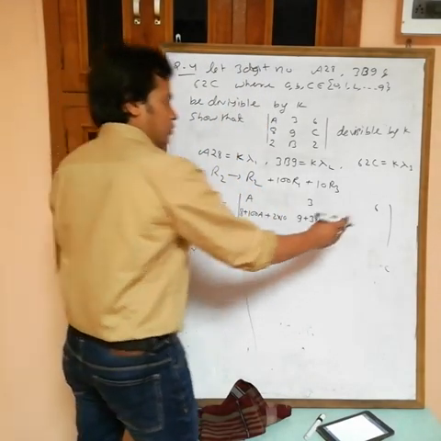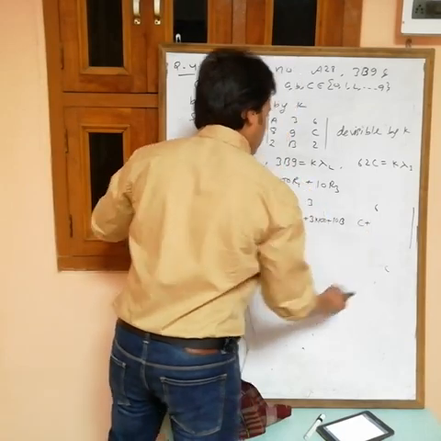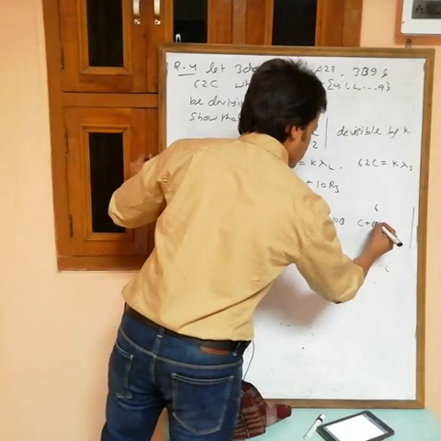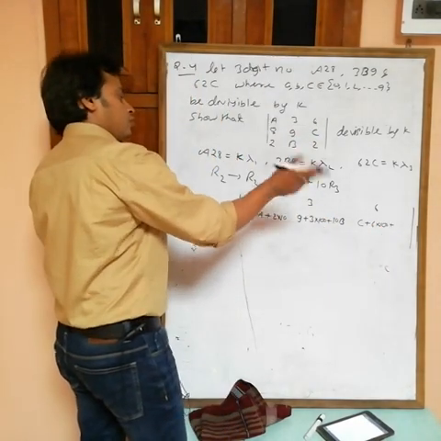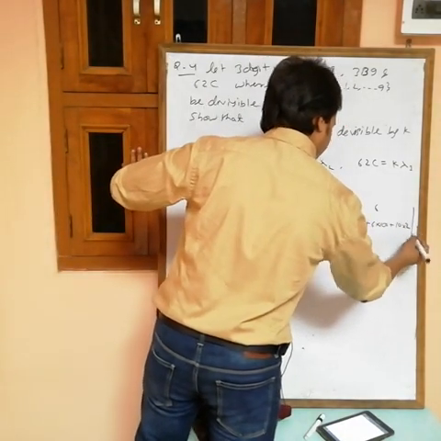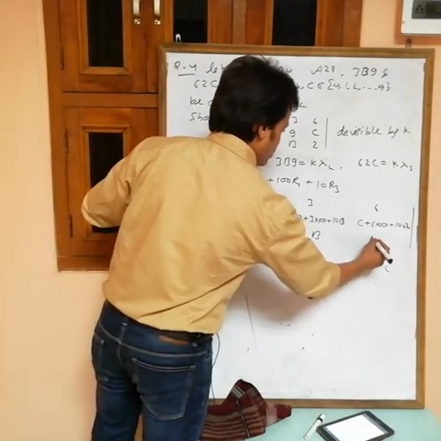Then the same for this one: c plus 100 times 6, that is 6 into 100, plus 10 R3, so 10 into 2. And R3 remains as it is, 2b2.